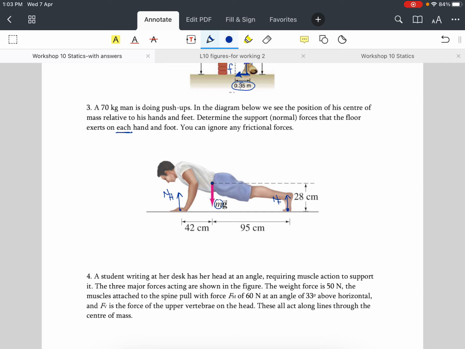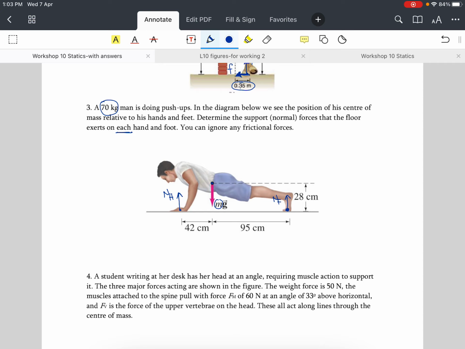So the next step is to choose the pivot point. Because we do not know NF and NH, a smart choice of pivot point would be either NH or NF. That way we can eliminate one of the unknowns.